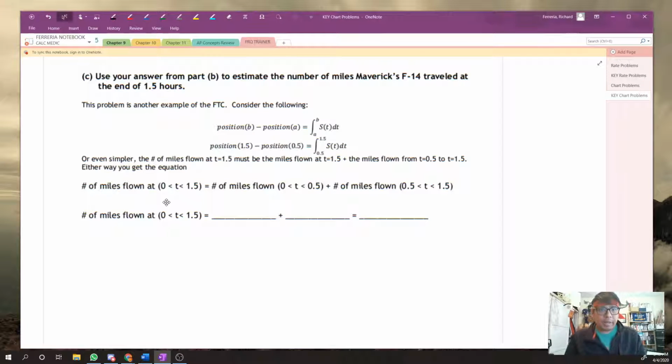Letter C, take the answer for part B to estimate the number of miles that Maverick's F-14 traveled at the end of 1.5 hours. So again, don't make a big deal about this, but I am going to start with this from the perspective of the fundamental theorem of calculus.